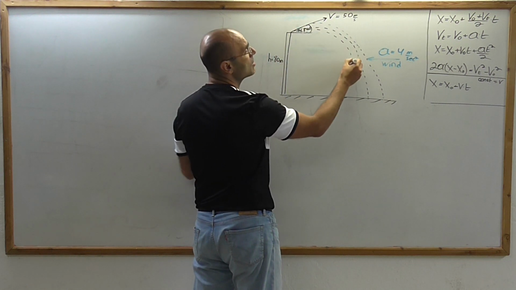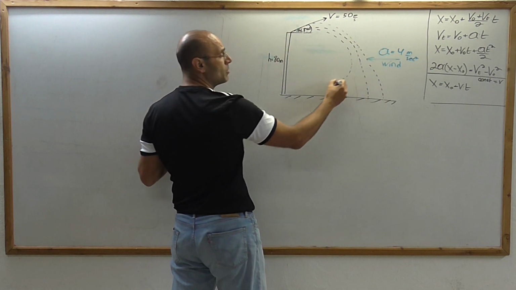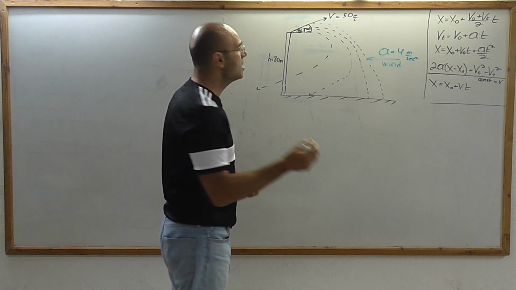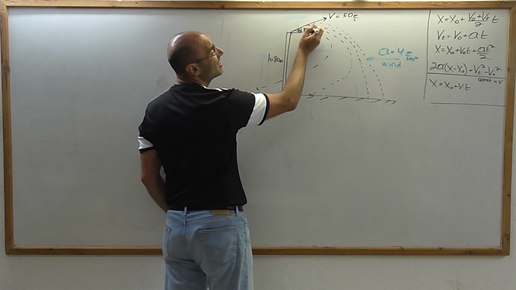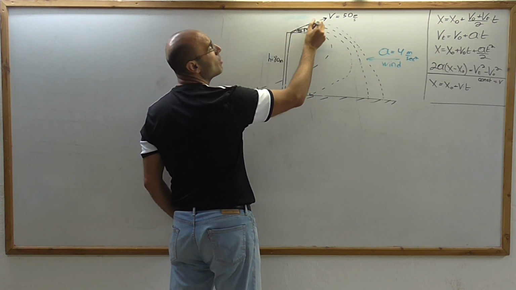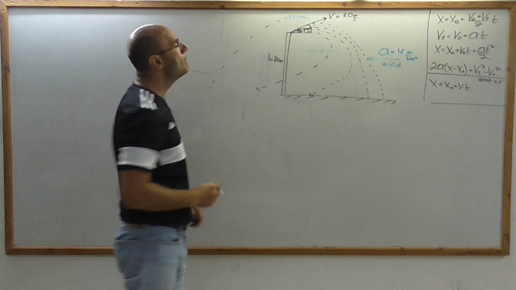Maybe it doesn't only stop it, it stops it and makes it move back. Maybe it will go like that. Maybe it will go like that. Maybe it could be that it stops it before it reaches the top. So it goes up, stops, and then still climbs, and then goes back.